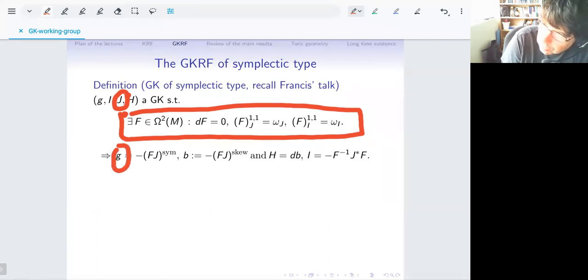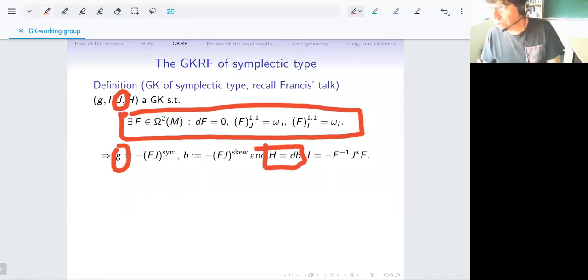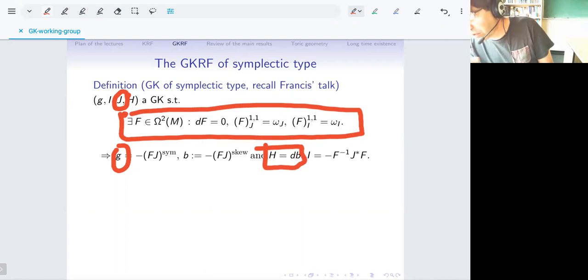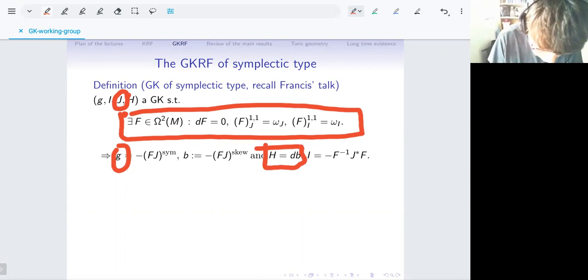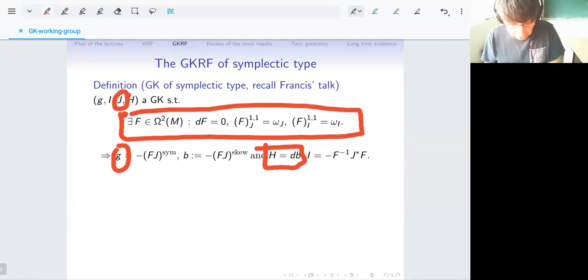If you consider the skew-symmetric part, this gives you a (2,0)+(0,2) form with respect to J, but the differential of it will be precisely the torsion H, and you can recover the second complex structure by conjugation with F. Essentially, I and J will be conjugated to each other with respect to F.